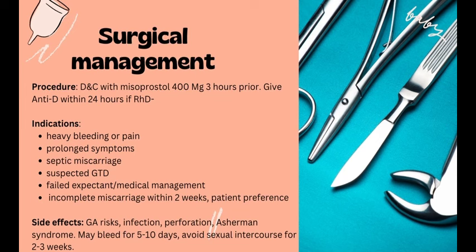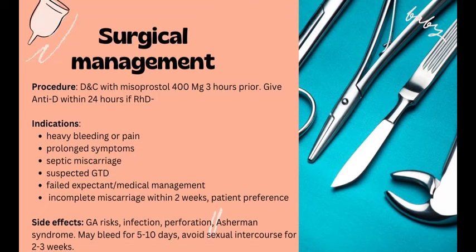And we'll talk a little bit about Rhesus isoimmunisation later in this talk. So surgical management is an option if the patient is heavily bleeding, if there are prolonged symptoms, a septic miscarriage, suspected gestational trophoblastic disease, if they've failed any of the previous management, or the patient has a preference for this.